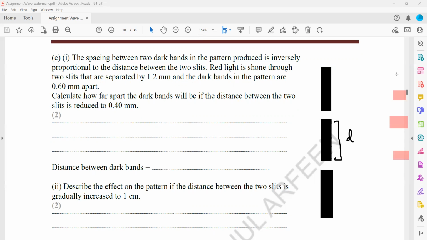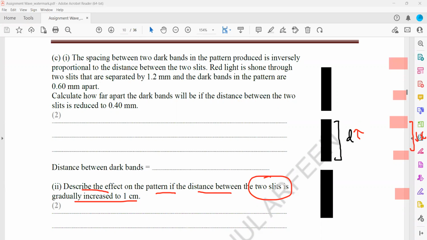Like bright and dark fringes or lines are there. So this distance is x. They are inversely proportional. They are asking what is the effect on the pattern if the distance between the two slits we increase. So if I increase this, what will happen to this pattern?